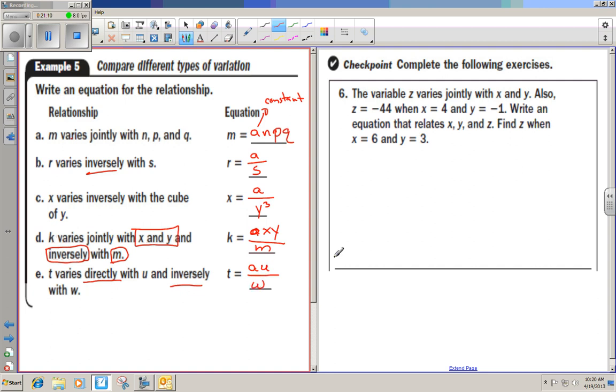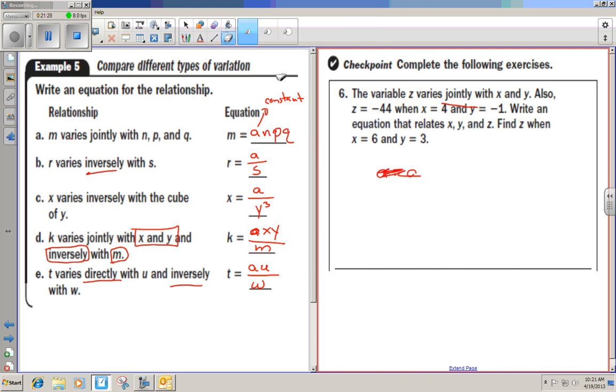So if we take a look at the checkpoint, it says that the variable z varies jointly with x and y. Jointly means that z varies jointly, so everything's in the numerator, with x and y. So z is negative 44, a we don't know, x is 4, y is negative 1.